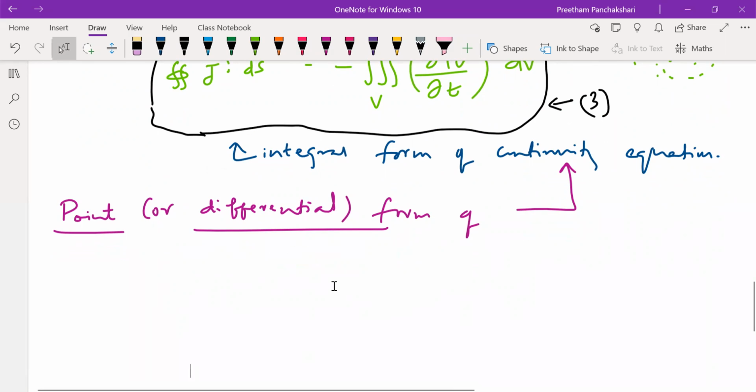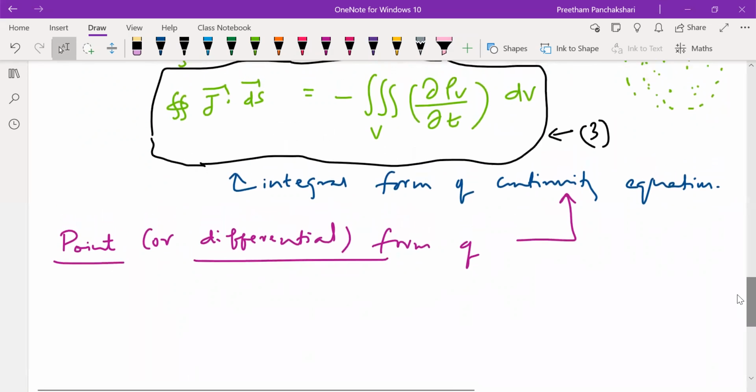This gives us more information than the integral form. So my next step is to remove these integrations and convert them to a differential version of the continuity equation. For that, I would like to convert any one of the integrals such that both sides will have similar integrals.